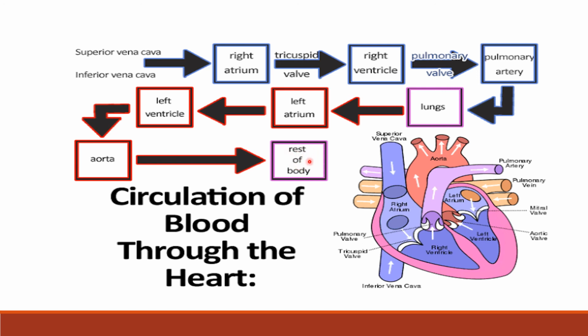This is the flow chart of circulation of blood through the heart. You can see here that blood travels through the heart twice. This is double circuit circulation, right? We will study double circuit circulation in the next class. Okay children, thank you.